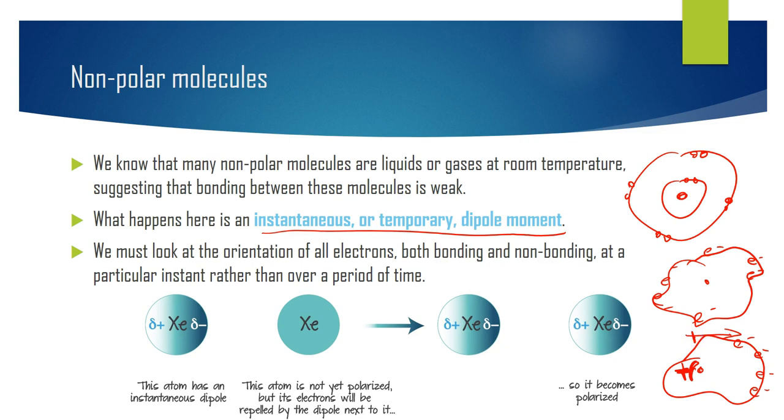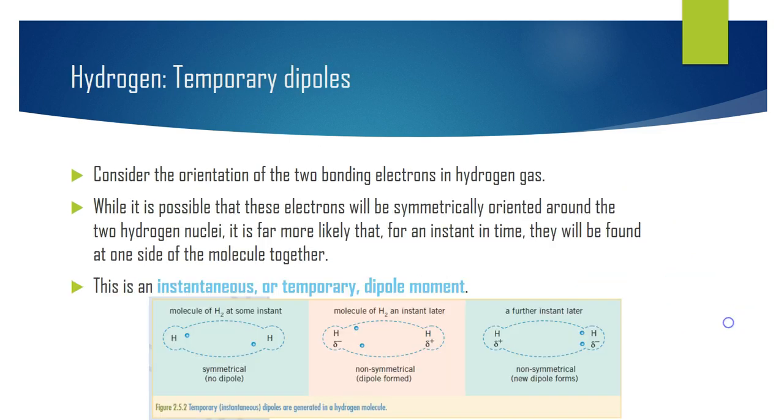We have a change in the distribution of the charge across the molecule. So the atom itself will become polarized for a very, very short period of time. But of course, our electrons are always bouncing around, so it won't take long for them to bounce back over here. So these dipoles arise for very brief moments in time and then aren't there for very long at all.